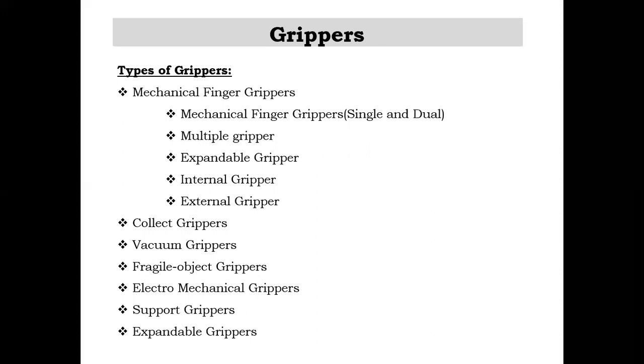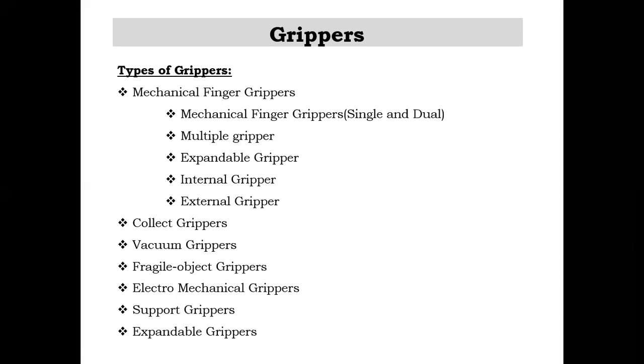A mechanical gripper uses some actuation process, like hydraulic, pneumatic, then cam and follower processes, different operations to pick and place the object. Mechanical finger gripper means single and dual: using a single finger or dual finger, we can pick and place with the robot.